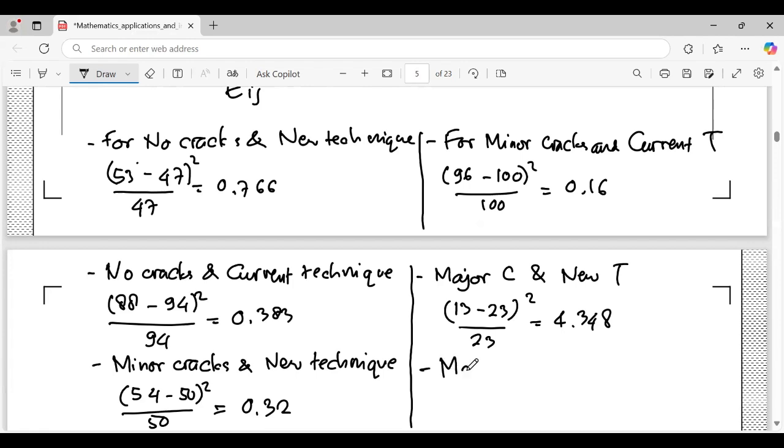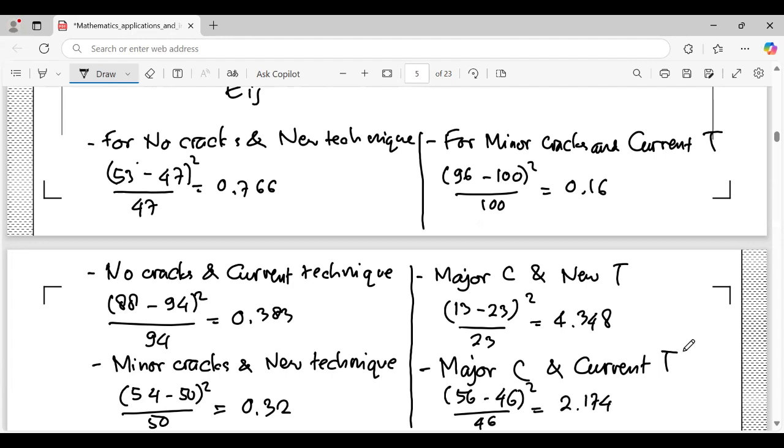For major cracks and current technique, that is 56 minus 46 squared over 46, which is 2.174.